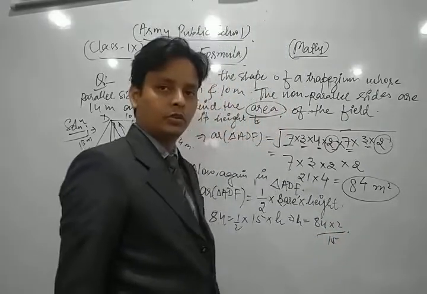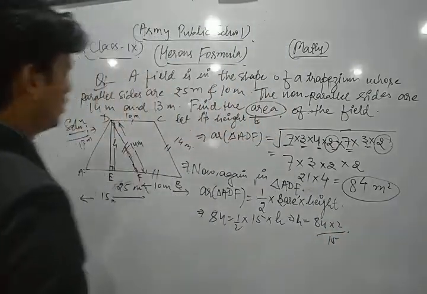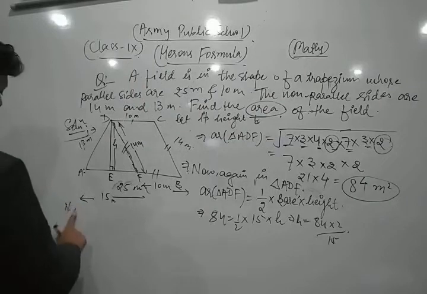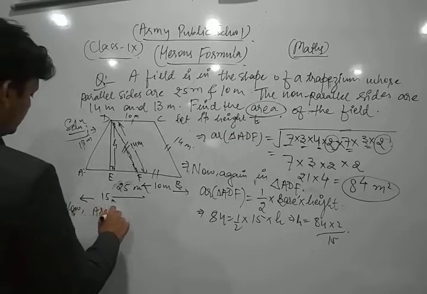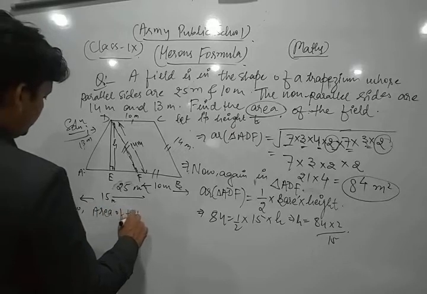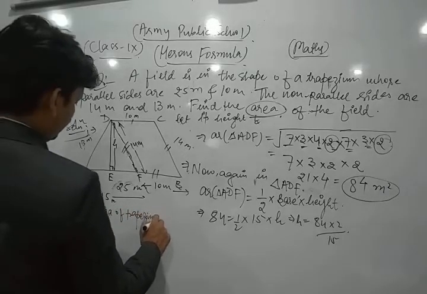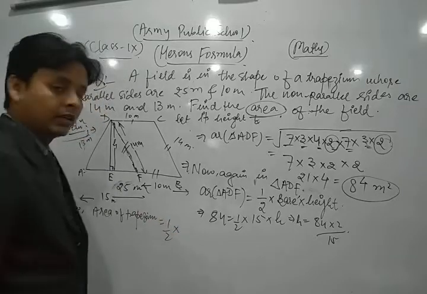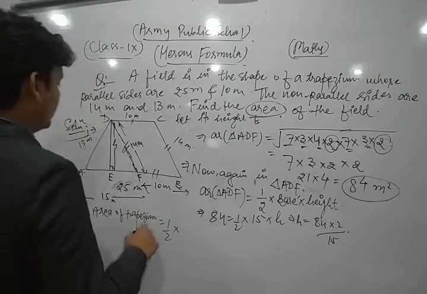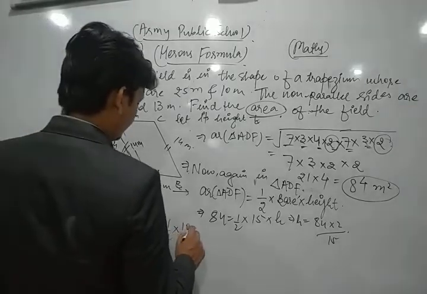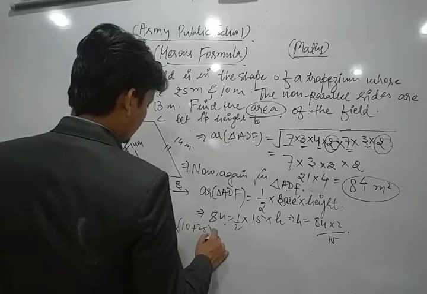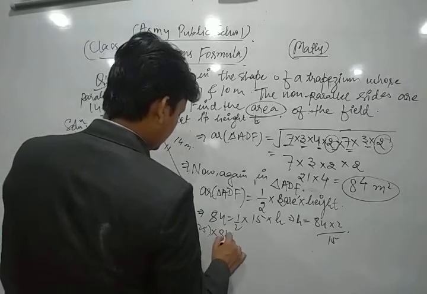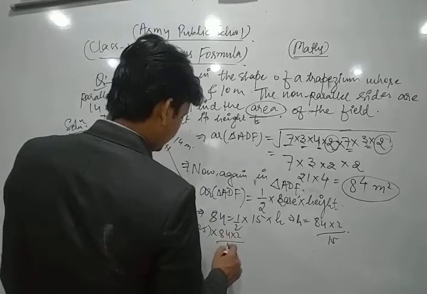Now area of trapezium. Area of trapezium is equal to 1/2 into the sum of parallel sides, means 10 plus 25, into height, means 84 into 2/15.